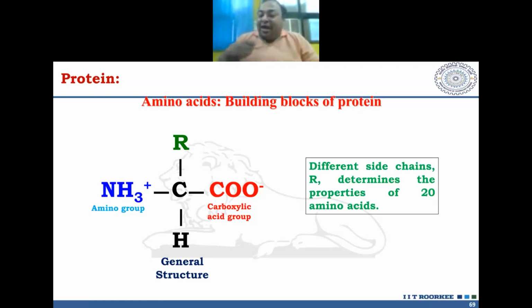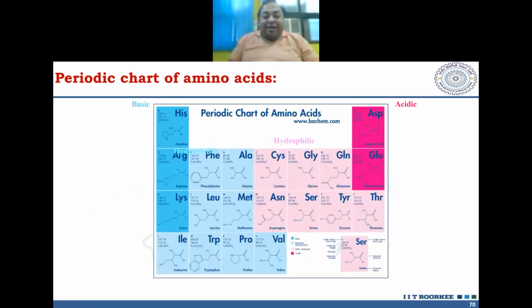When the R is H, this is the simplest amino acid. This is called glycine. When the R is CH3, it is called alanine. In that way, by changing R, 20 different R means 20 different essential amino acids.